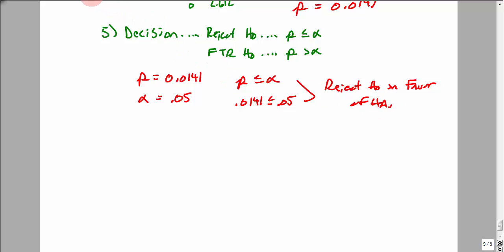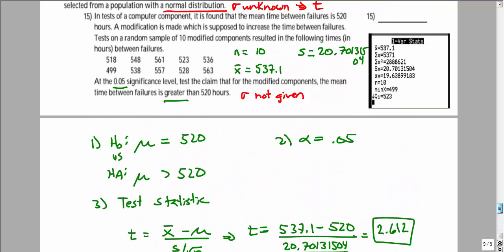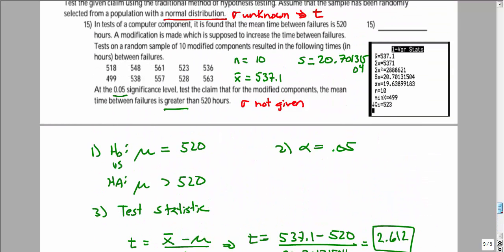Okay, last step is to draw a conclusion. Again, on the show your work problems, you need to make sure you show all of these steps and do a good job with that conclusion. Now we rejected H0, and I have to go back up and check what the original problem was. These get so long. In tests of a computer component, it is found that the mean time between failures is 520 hours.